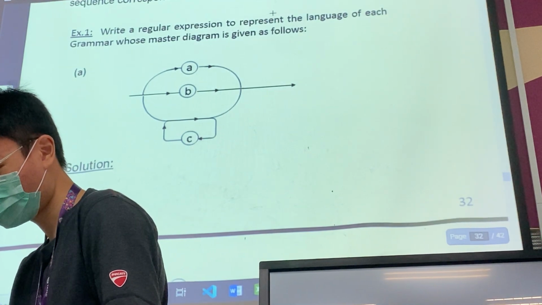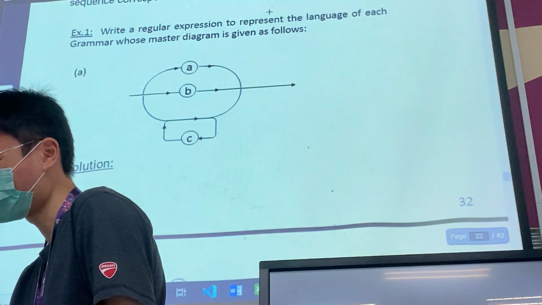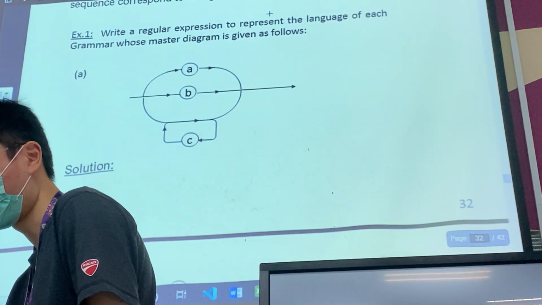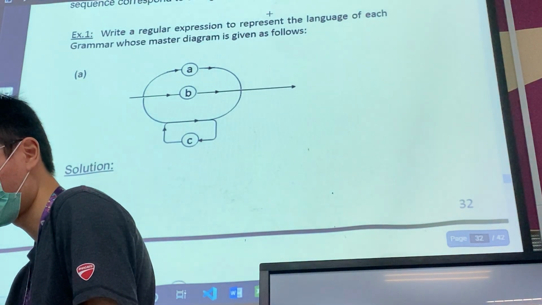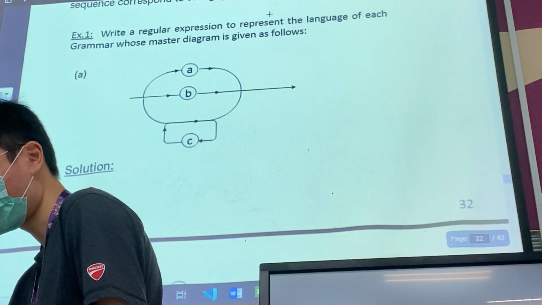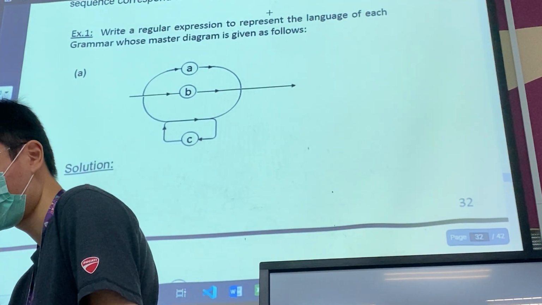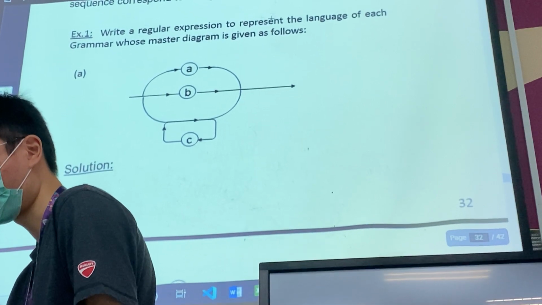So this is new, but in the master diagram, I'm not sure if my answer is correct. If we draw the master diagram, I noticed that you combine them all together. Let's say this, because this separate means different channels. I'm not sure why you combine them.